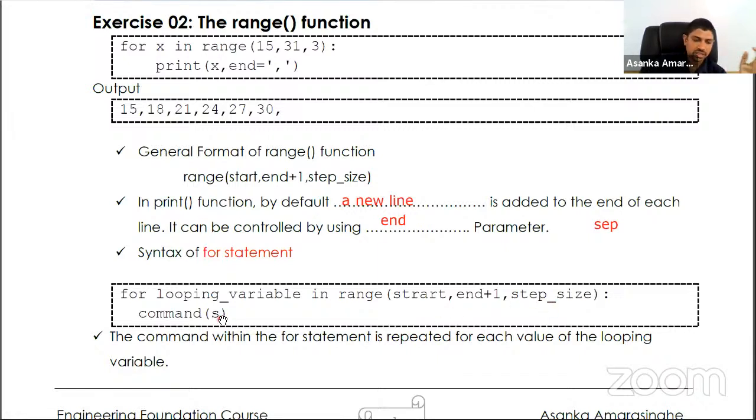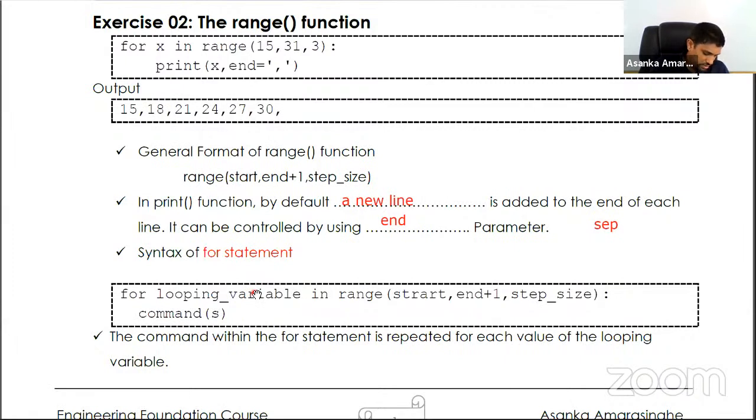Then you have to put the commands. The commands within the for statement are repeated for each value of the looping variable. ඒ range එකේ හැම එකටම මේක repeat වෙනවා.